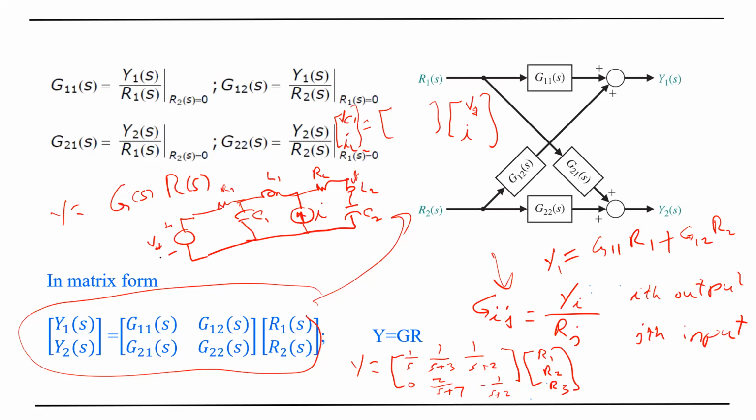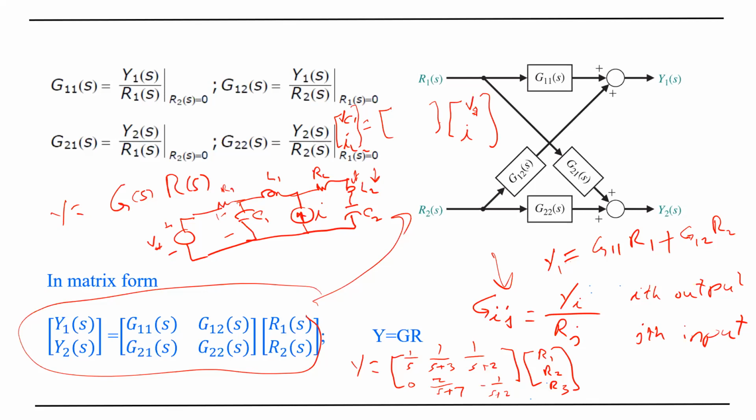Y1 is VC1, the voltage here, and Y2 equals the current through this inductor. Take one source at a time.